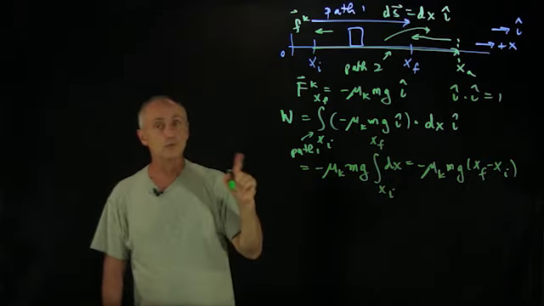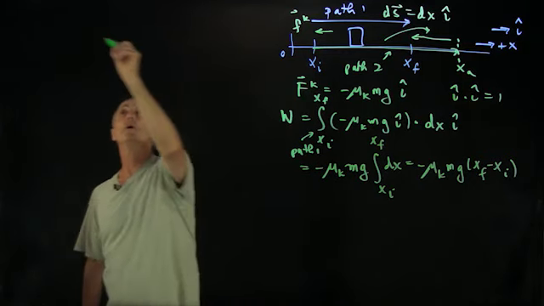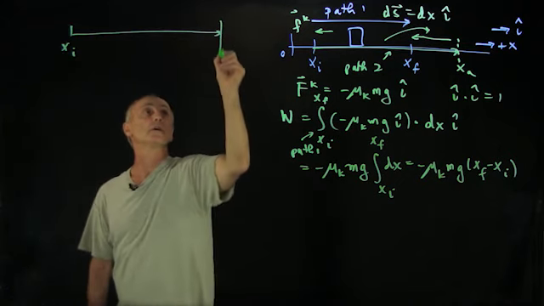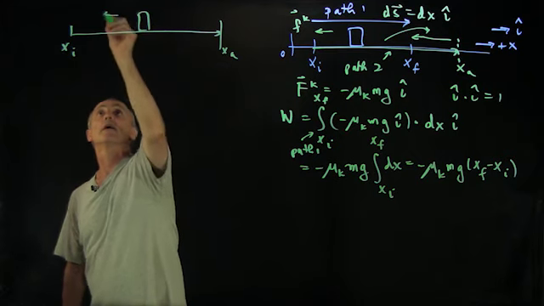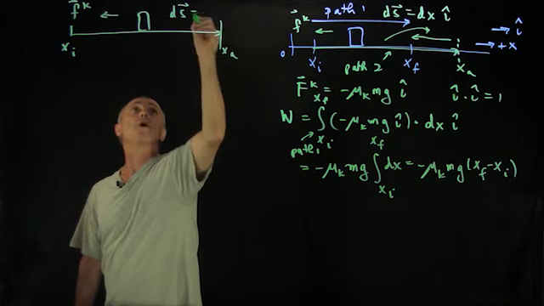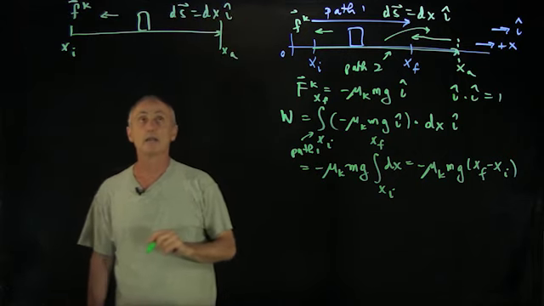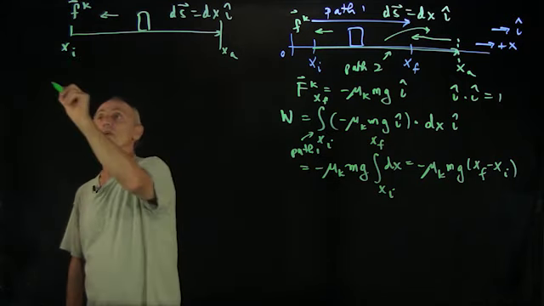Now, for path 2, we have 2 separate integrals. So for path 2, we'll just show the first part, where we're going from x initial to xa. Then the friction force is opposing the motion. And we always just write dx in terms of the coordinate system, dx I hat, because you'll see that the signs show up in the endpoints of the integral.